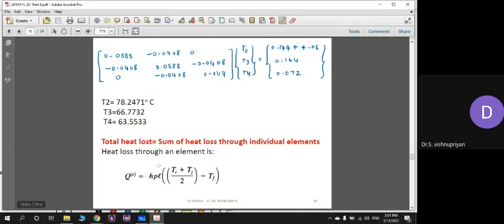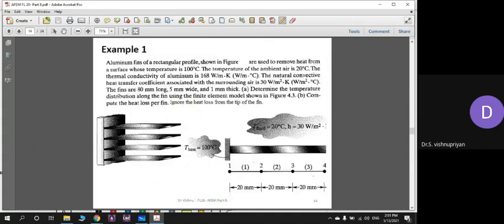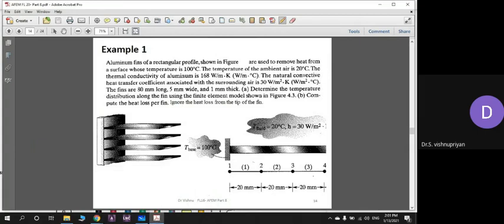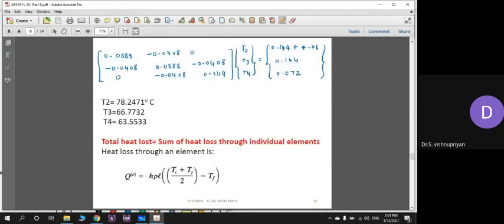Now, the second question says, find the heat loss through the fin. Compute the heat loss per fin. Now, if you want to do that, simply go to each element and then find the heat transfer through each element, then add them.